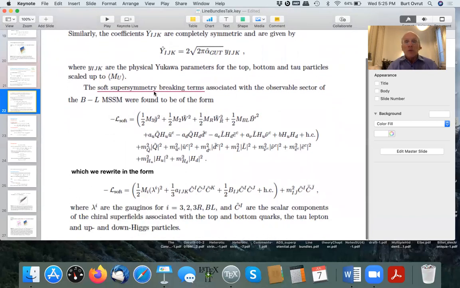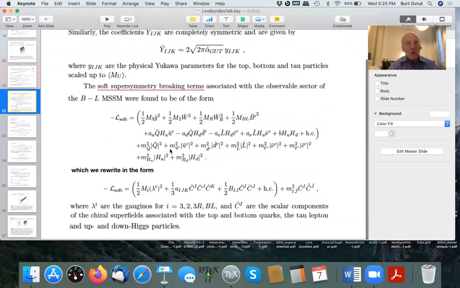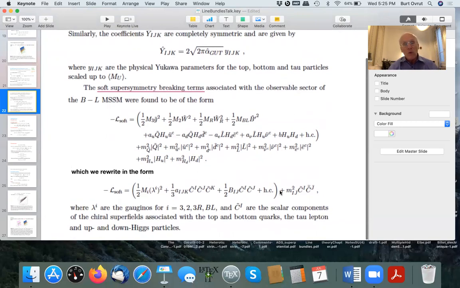You also had soft supersymmetry breaking terms in the B minus L MSSM, and here's the whole form of these things. Following what we did above, we'll rewrite that in the following form. So we're going to have mass terms for gauginos. There are 4 different gauge fields, so there are 4 different types of gauginos. We have cubic terms with coefficient aijk, and we'll have quadratic terms with a bijk term.